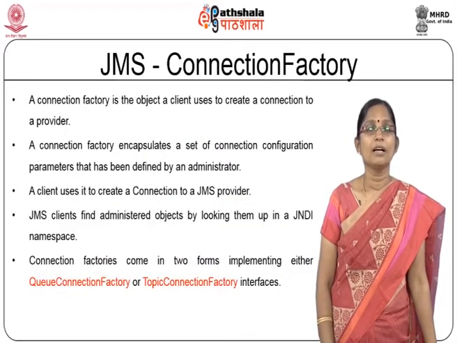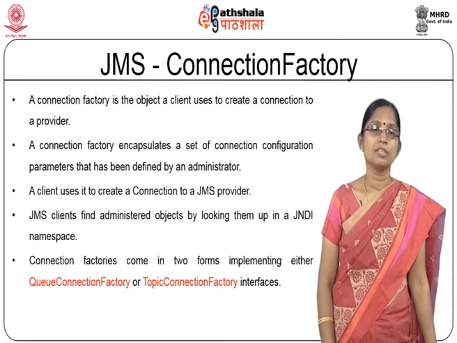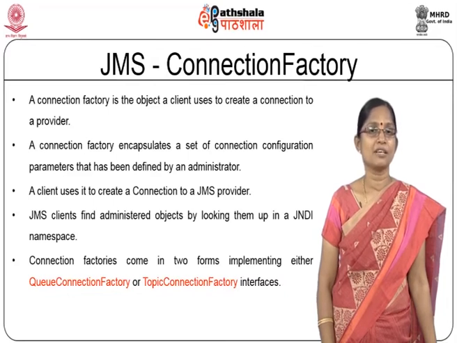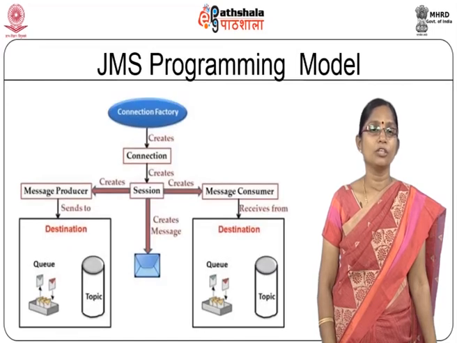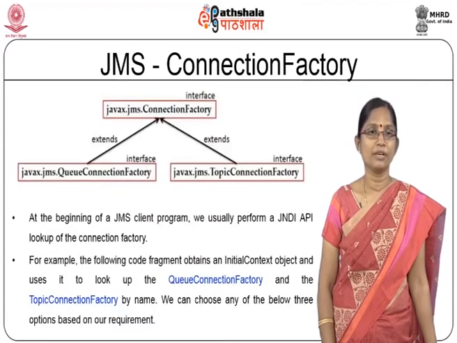So the connection factory encapsulates a set of connection configuration parameters also. The client uses it to create a connection to JMS providers. You can see that connection factories come in two forms, implementing either the queue connection factory or the topic connection factory interfaces. Now, let us look through the code for it.